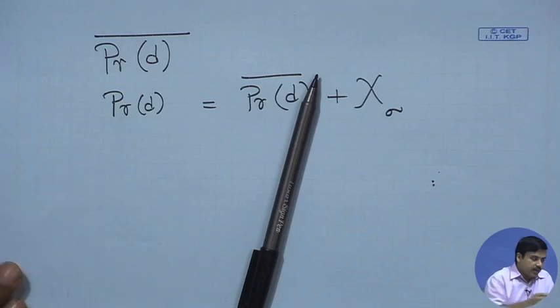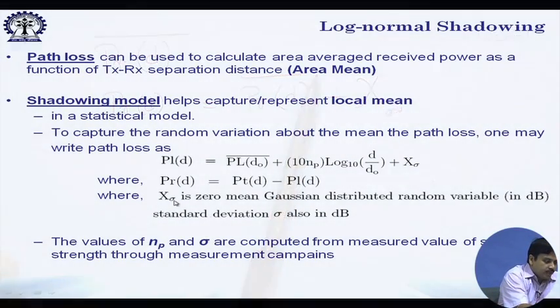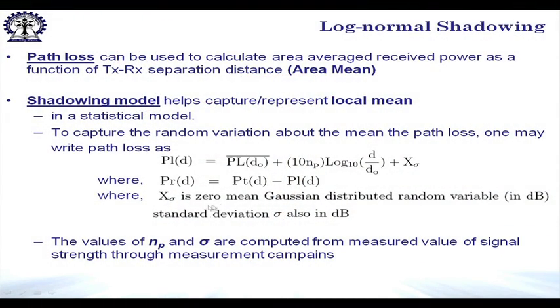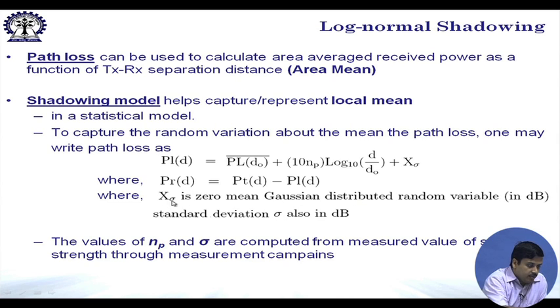Now, this random fluctuation X sigma has been found from measurements to match a Gaussian distributed random variable in the dB domain. So, that means, when the received signal strength is measured in decibels, under such conditions this variable follows a Gaussian distribution, and this sigma, which is indicated below in X, sometimes also referred to as chi, is the standard deviation of this Gaussian random variable and is also given in dB.